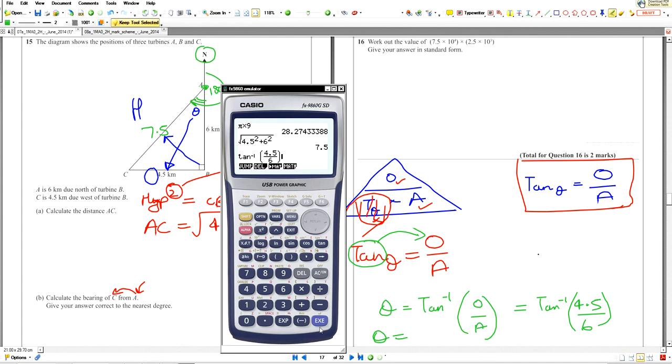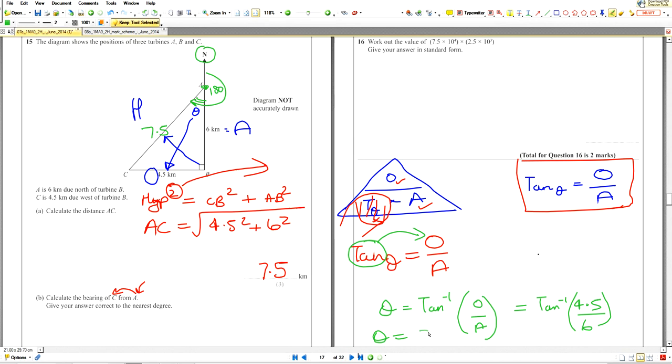Are we happy with that? So what do we get? So for that one, question 15b, we haven't finished the question yet, by the way, folks. So that part is going to give us 36.86. Okay, lovely. Is that right? Yeah, 36.86.